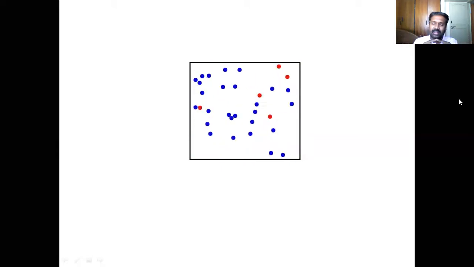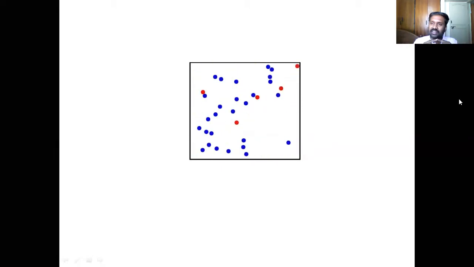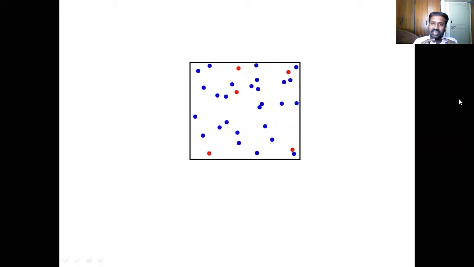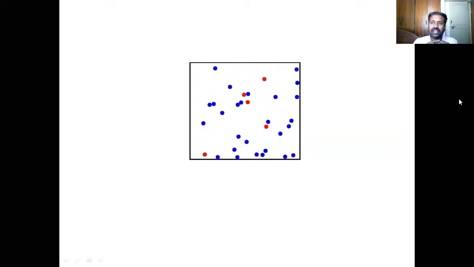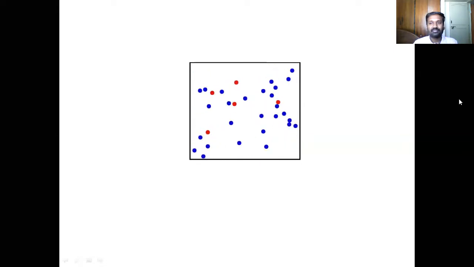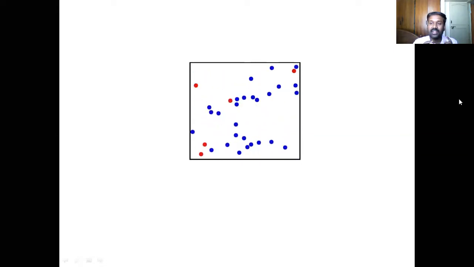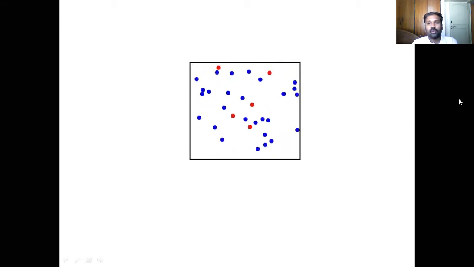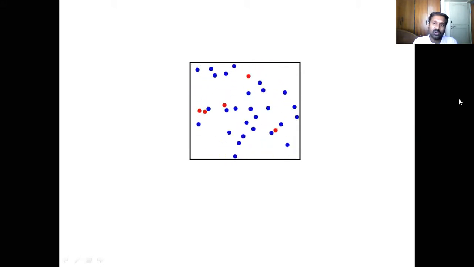So when they collide, after collision, they get deviated. Before collision, the energy was E. After collision, will the energy still remain E? This is our question. Actually not. Of course, we are talking about elastic collisions.